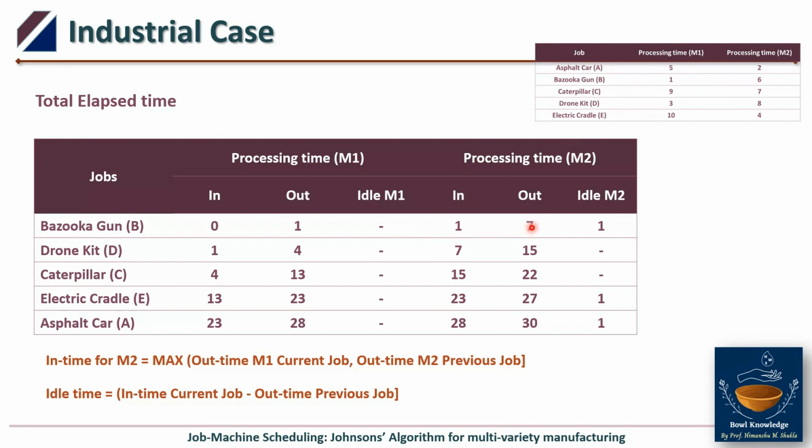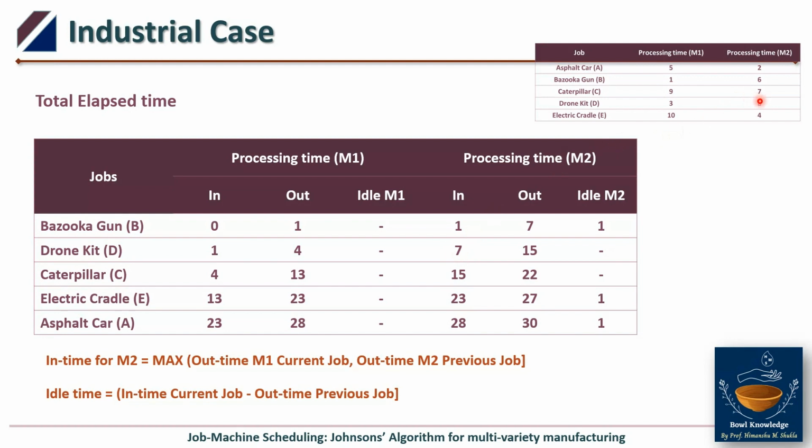Now here you cannot take 7 directly, you have to check. What is the out time of current job for machine 1? It is 4. But what is the out time of machine 2 of previous job? It is 7. So 4 and 7, what is maximum? 7. So 7 will be the in time of machine 2 for job D. Then 7 plus processing time of D in machine 2.